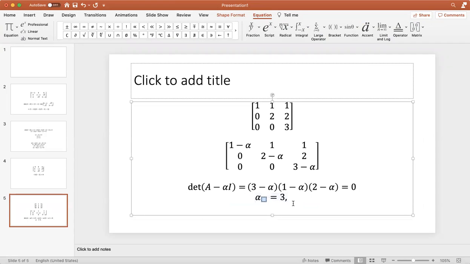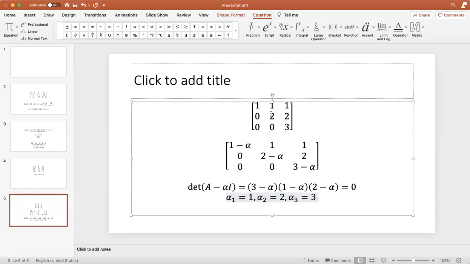If you're more comfortable, you can just say that alpha 1 is equal to the first element, alpha 2 will be equal to the second element, or the centermost element in this matrix, and alpha 3 will be equal to 3. So number 2 is pretty straightforward, so long as you know the properties.